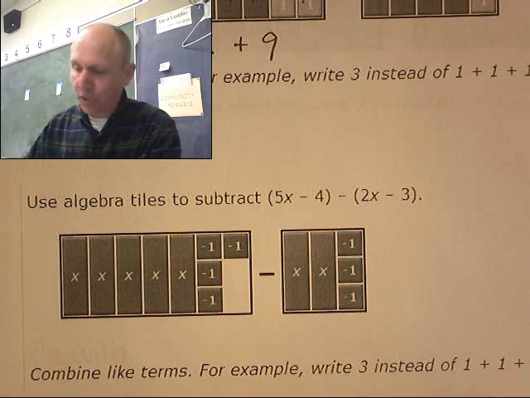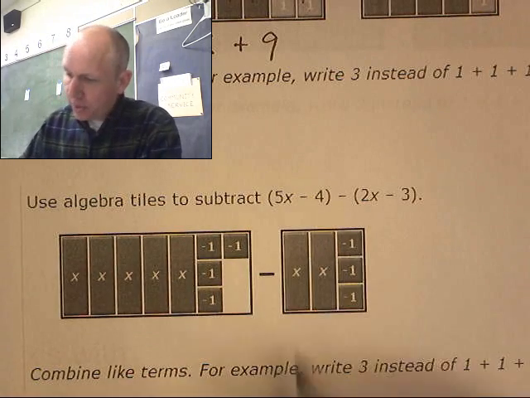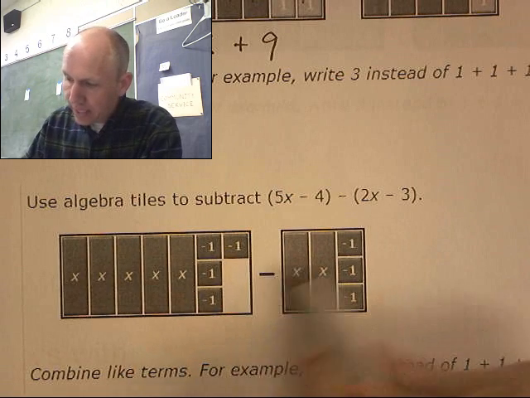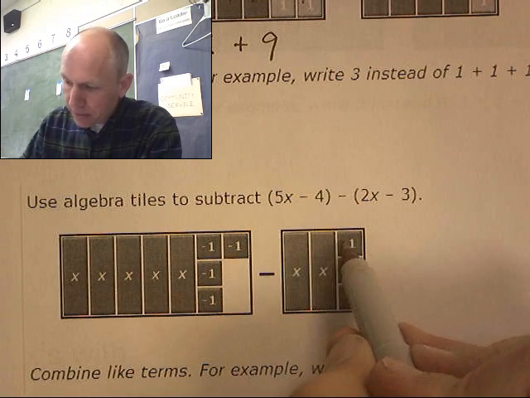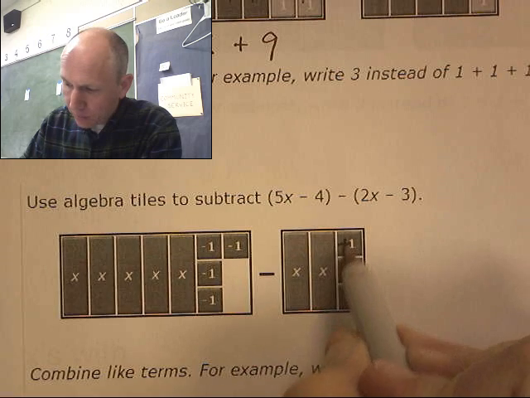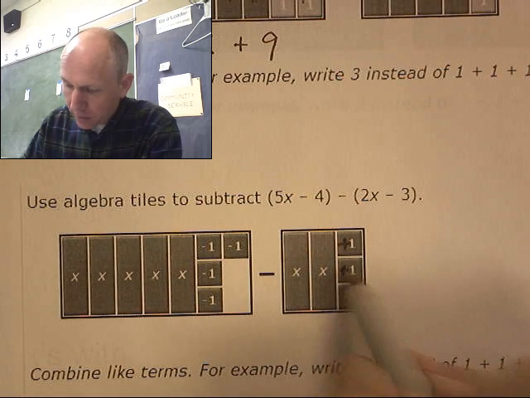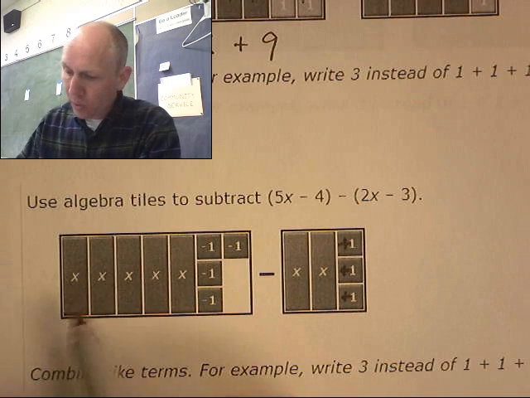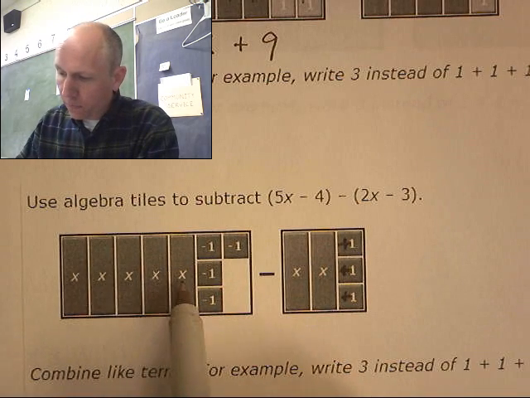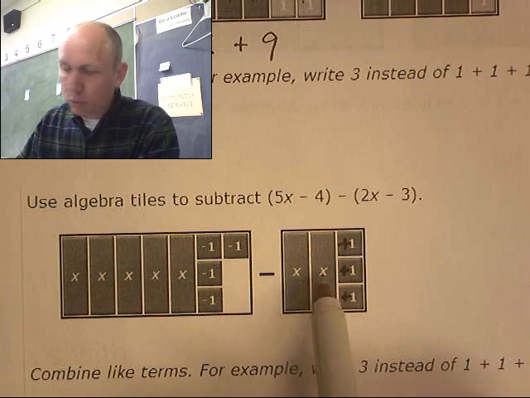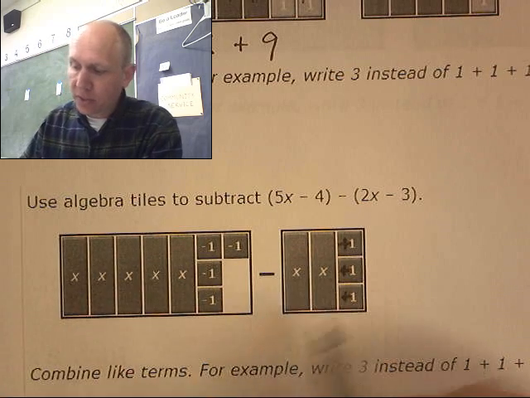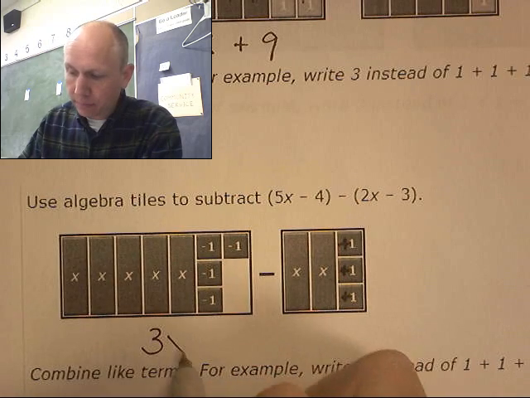Now this one's subtraction. And I want you to see this. There's a boom boom right here. See this? Negative, negative, negative, negative. This actually becomes a positive 1. A positive 1. A positive 1. So what do I have? I have 5 x's subtracting 2 x's. What's 5 x's subtract 2 x's? That's 3 x's.